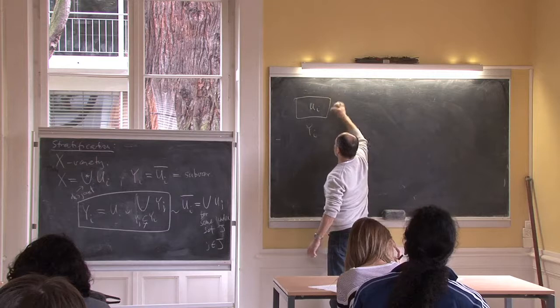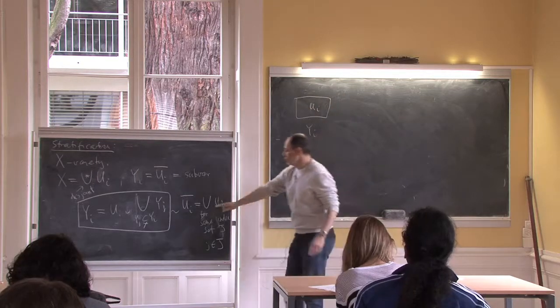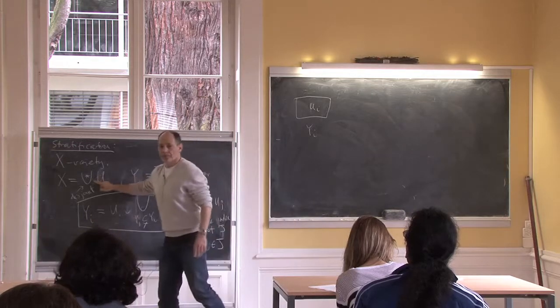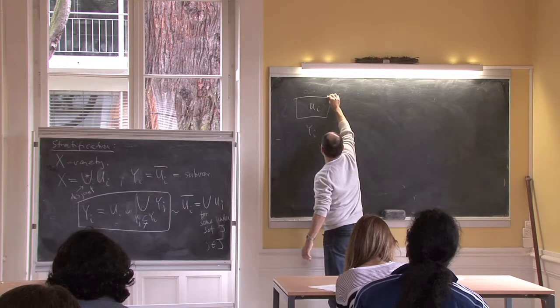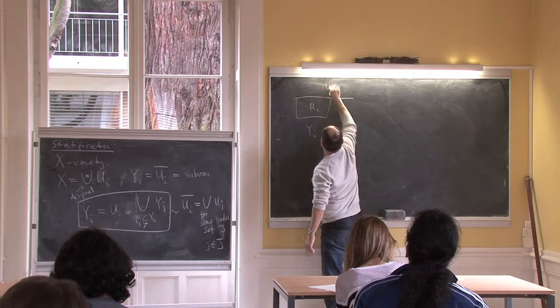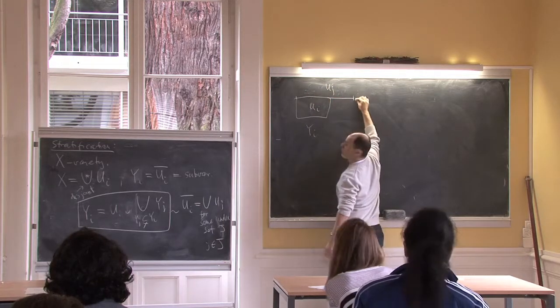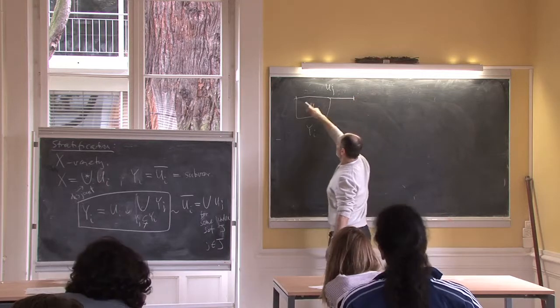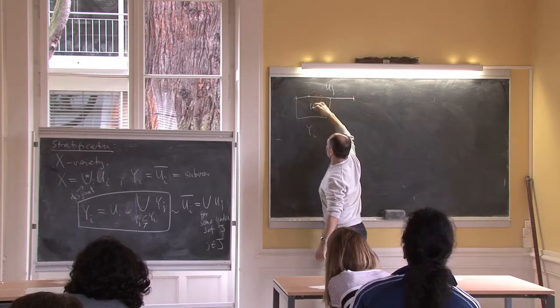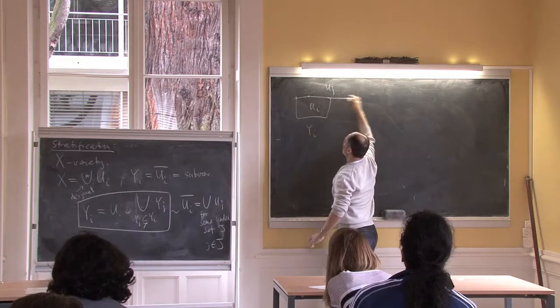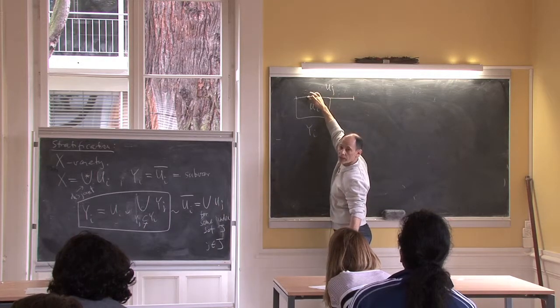Here is the boundary, and the boundary has to be a union of U_j's, and the U_j's are disjoint. So I don't want a U_j which actually goes past this, because since this point is in the closure of U_i, in this union I will have to take that U_j in, because U_j is the only element that contains this point.